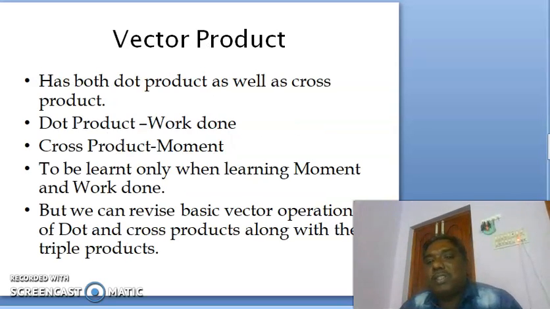What we have next is vector product. As you would have already studied in mathematics, vector product here means both dot product as well as cross product. A typical example for dot product would be work done, and a typical example for cross product would be moment.